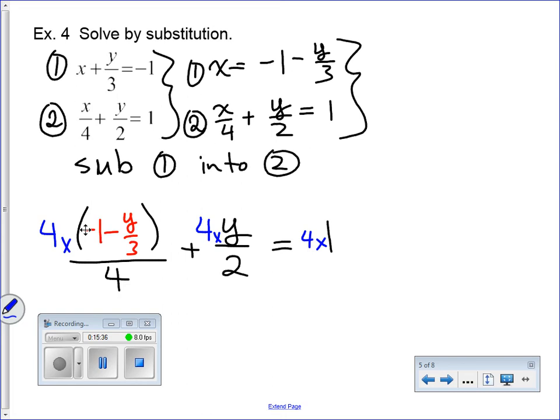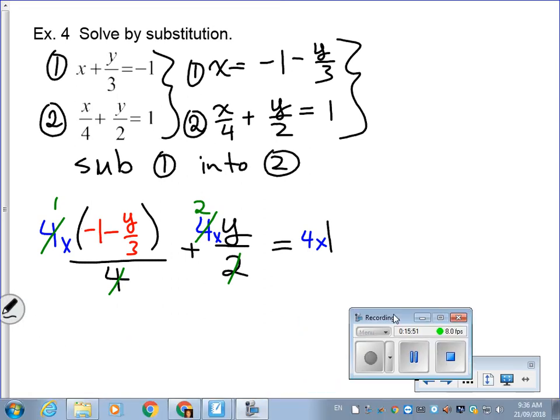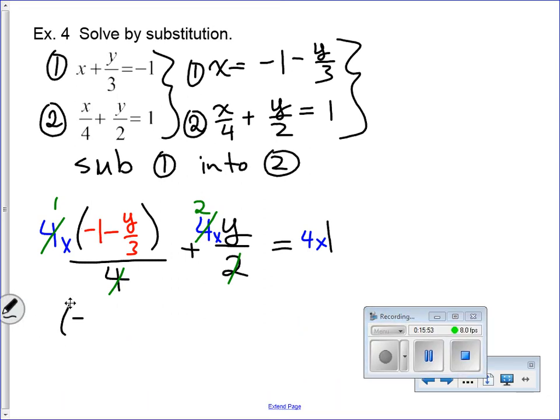So now we get some cancellation going on here. 4 divided by 4 is 1, right? 4 divided by 2 gives us 2, right? And 4 times 1 gives us 4. So now our simplified version of this whole thing is this.